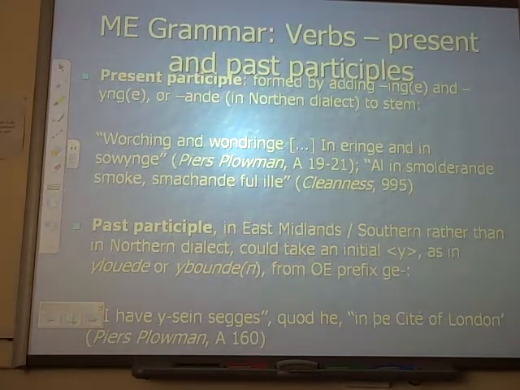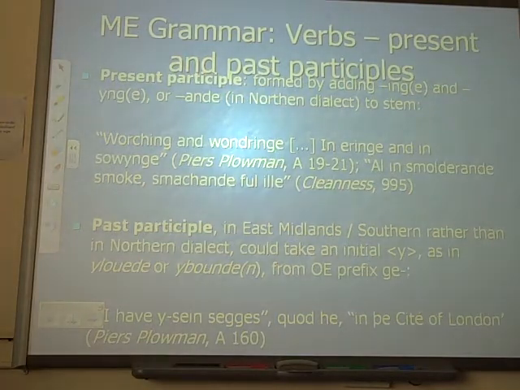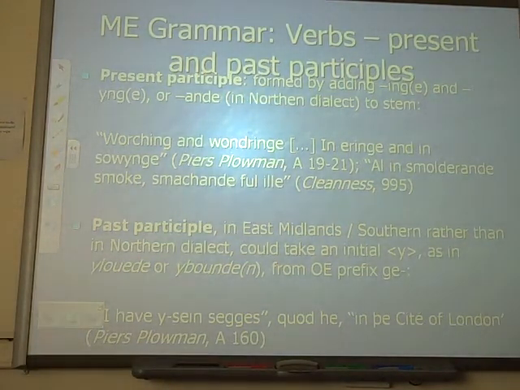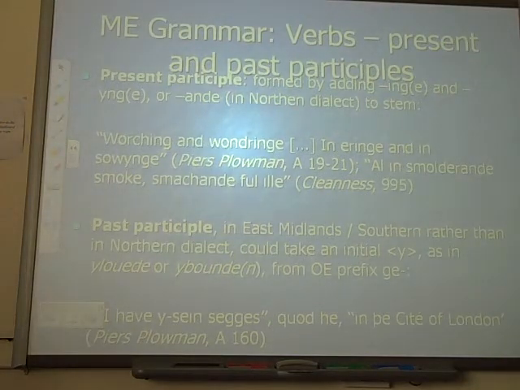Pretty much as you'd expect. But Cleanness, which is in the Northern dialect: smolderand, smachand. Usually that CH sound is pronounced ch, as in Old English itch, same thing, they just get an H.